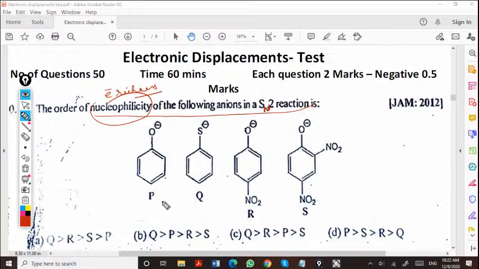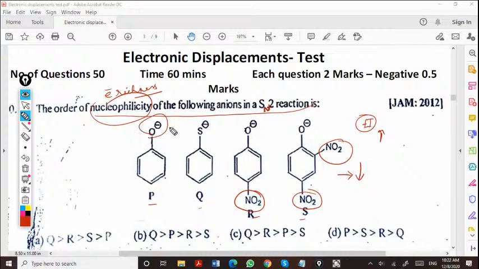So P, Q, R, and S. Among these, R and S are attached with electron withdrawing groups, so they will decrease the electron density. So their nucleophilicity also decreases. If it is with electron donating groups, it will increase the electron density.